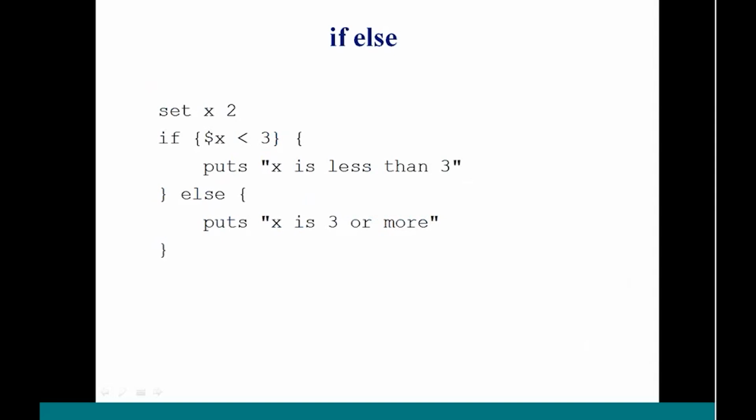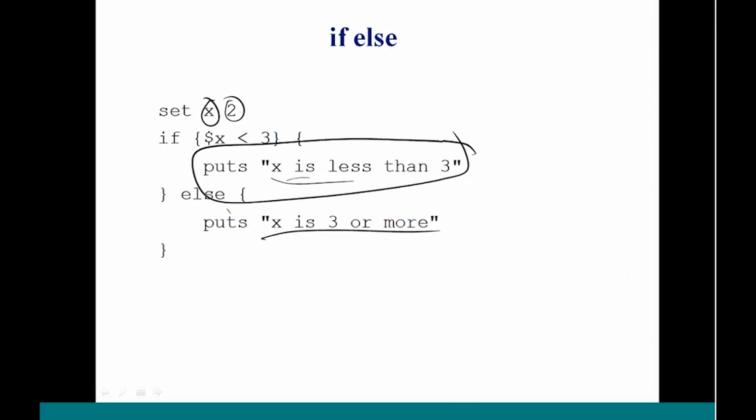Here we set the variable x to 2 and say that if it is less than 3, then puts x is less than 3. Otherwise, puts x is 3 or more. So when you execute this program for an x value of 2, it will print the first message and exit.